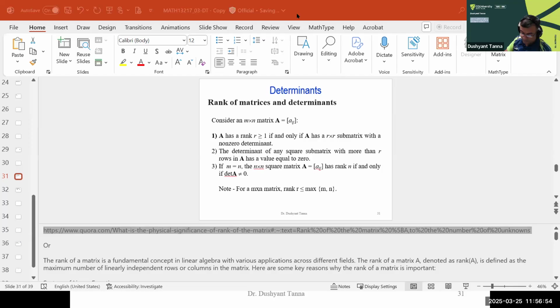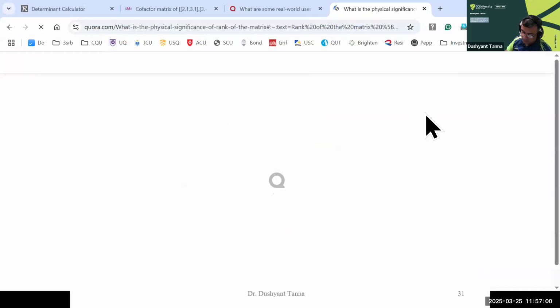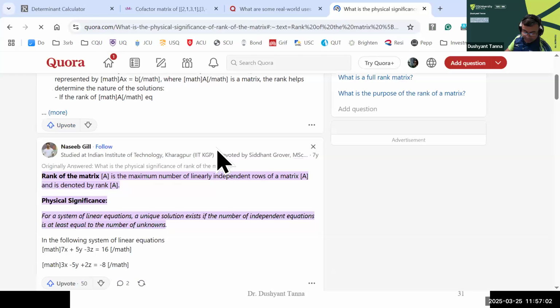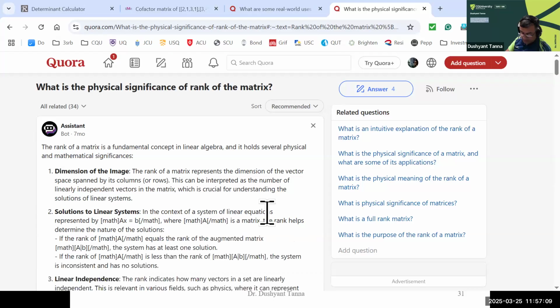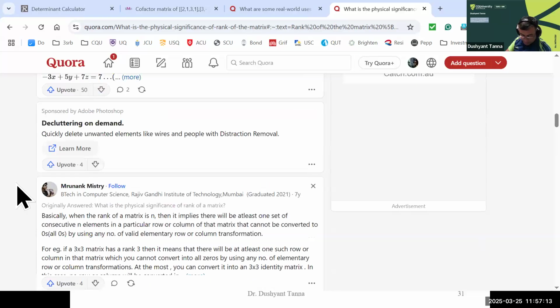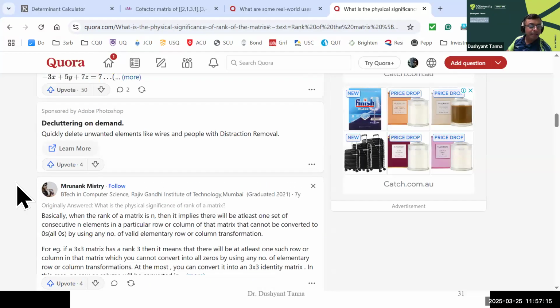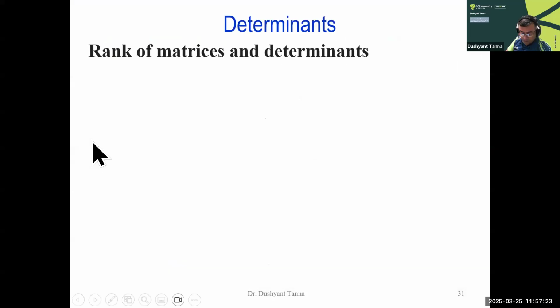What is the physical significance of rank? There is a lot you can discuss, like the solution and its rank and everything. A couple of people have explained what rank is and where you use it. Right. Let's go into the definition.